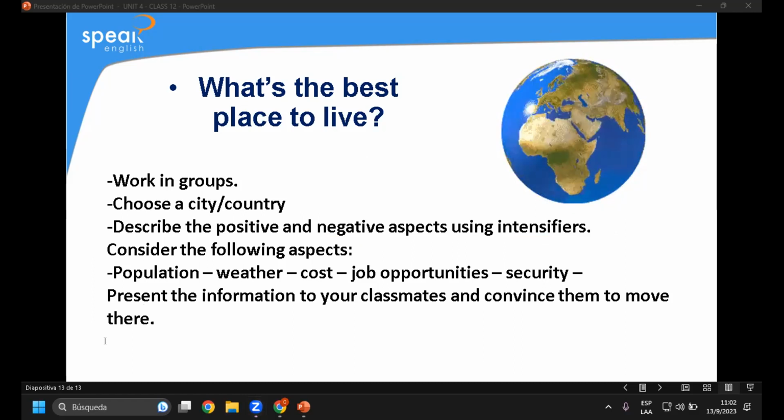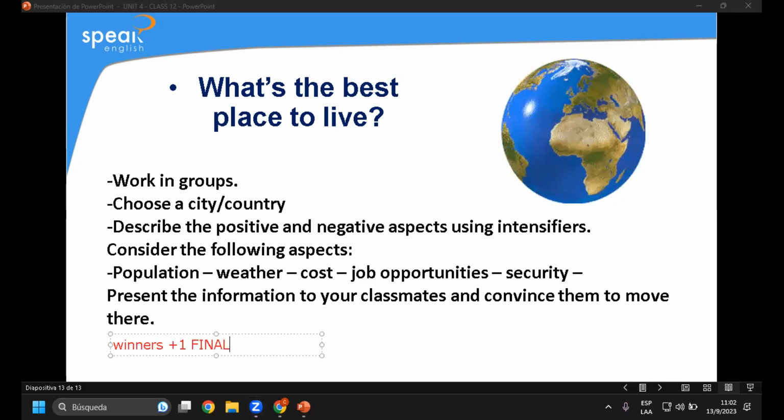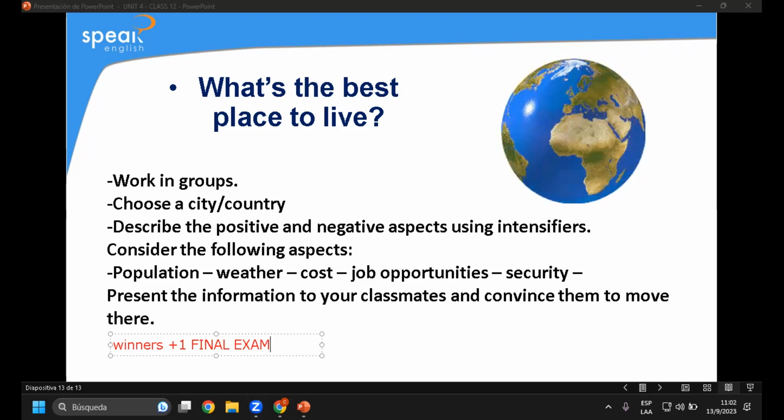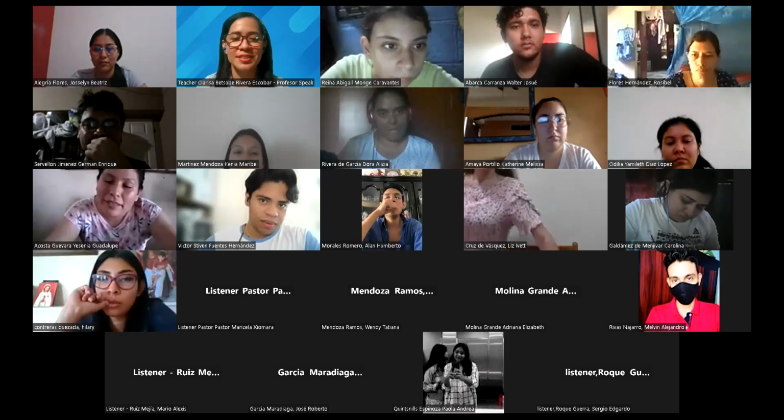The winner will get 1 point for the final exam. So if group number 1 wins, all of the members are going to get 1 extra point for the final exam. Clear? So do your best. You need to have a very nice presentation.